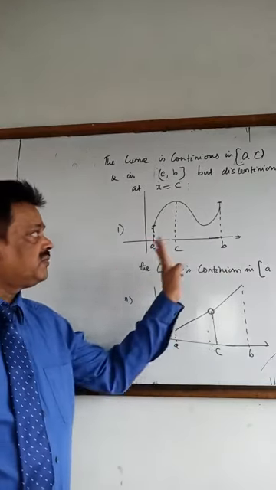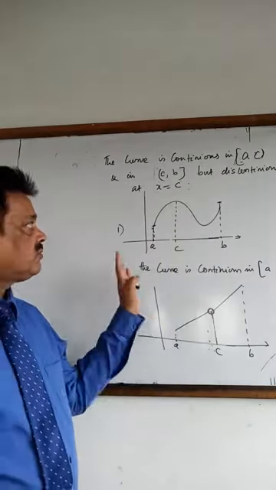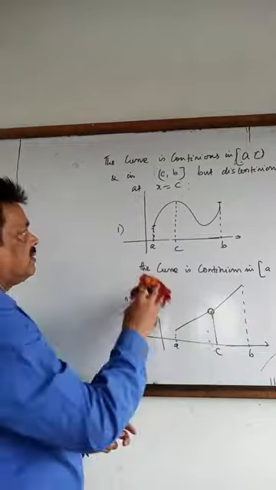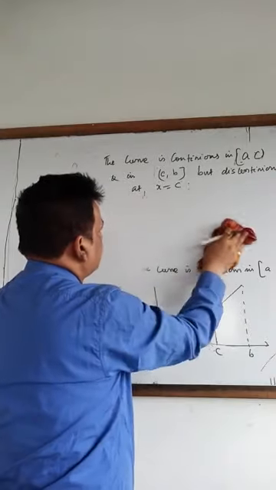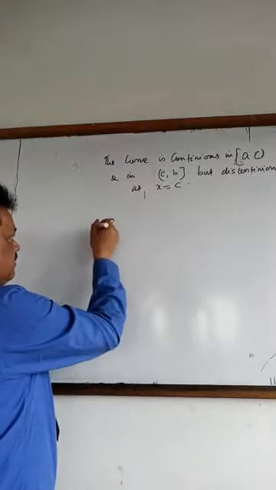Now, mathematically, when you write, what are those points we describe for a curve to be continuous or a function to be said to be continuous? So, let's write the definition. Definition here.